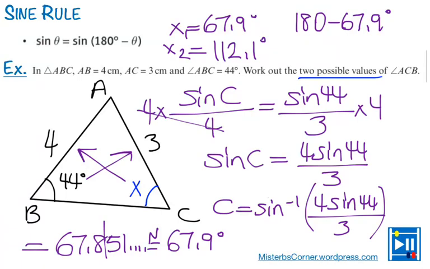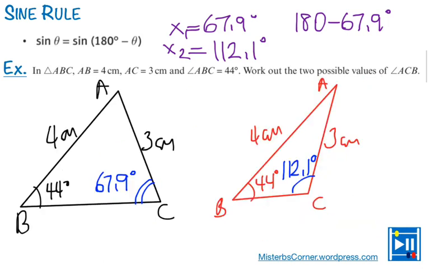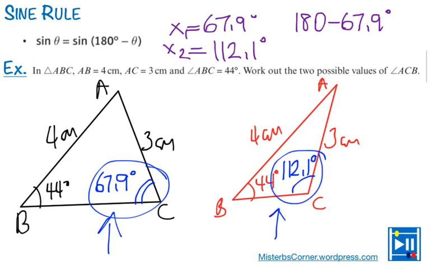If you check on your calculator, 67.9 and 112.1 will give you the same value when you calculate the sine of these angles. Now, what does this mean? This means we don't know which triangle we're talking about. It could be this one with an acute angle of 67.9 degrees, or this one with an obtuse angle of 112.1 degrees, right?